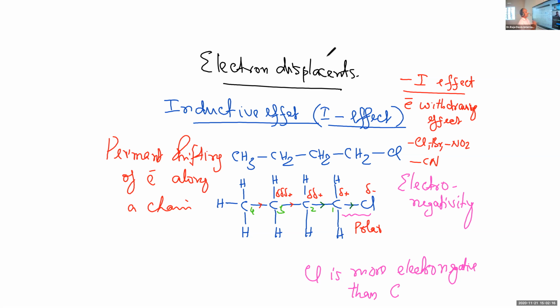Okay. There are certain groups which can release electrons, which can donate electrons, which can give away electrons. And such groups, electron releasing groups, are called plus I groups, and the electron releasing inductive effect is called plus I effect or positive inductive effect.